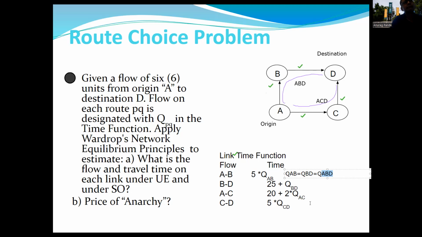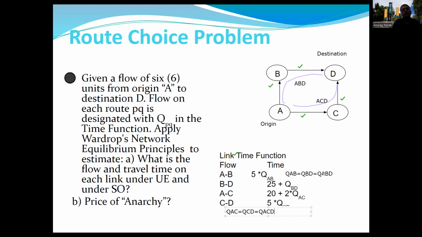Same thing, I could say QAC equal to QCD equal to QACD. People who are going to take route ABD are all going to be on this path, and people who take route ACD are all going to be on that path.